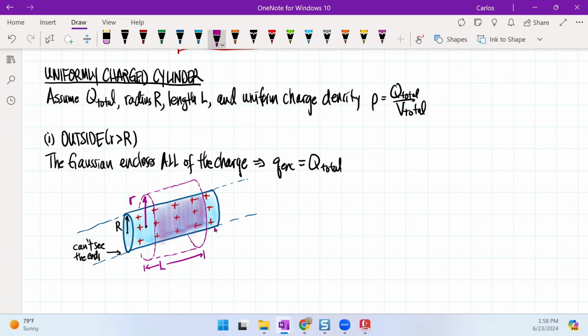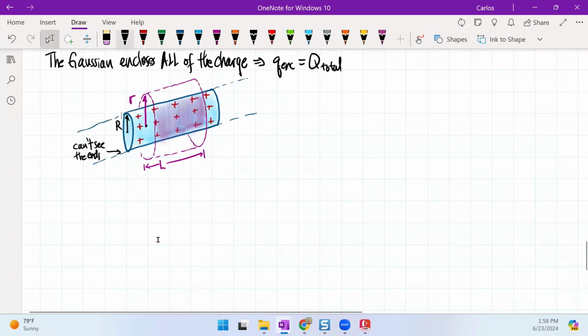The only thing we care about is the curved walls, and that leads to a total charge. I will come back to that in detail when we do an example.